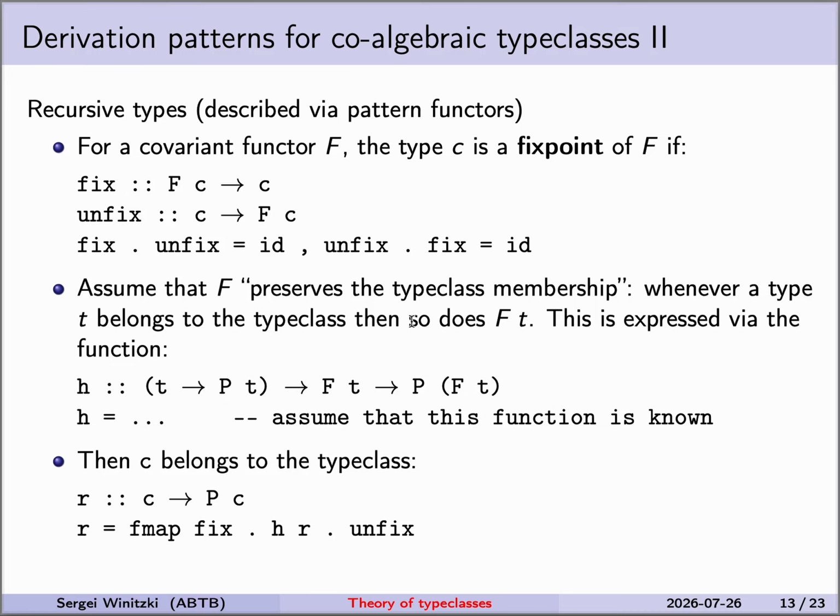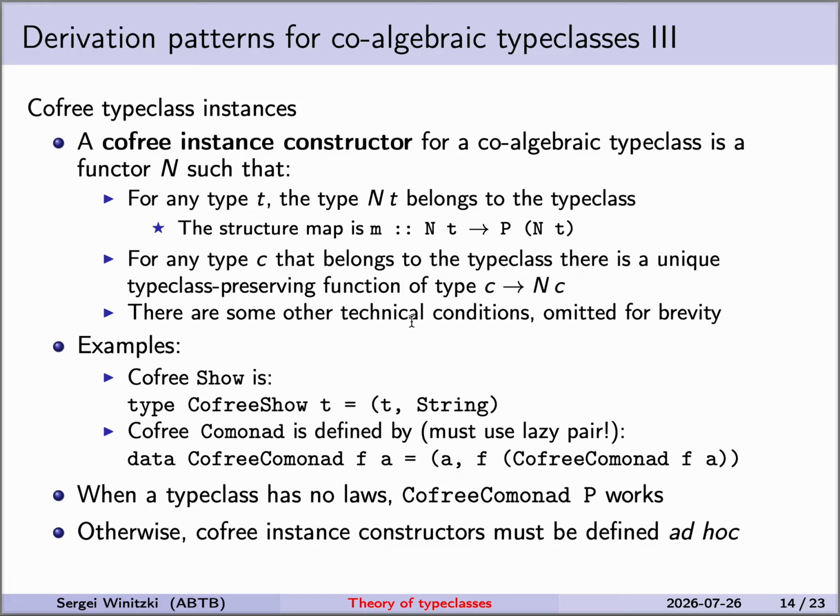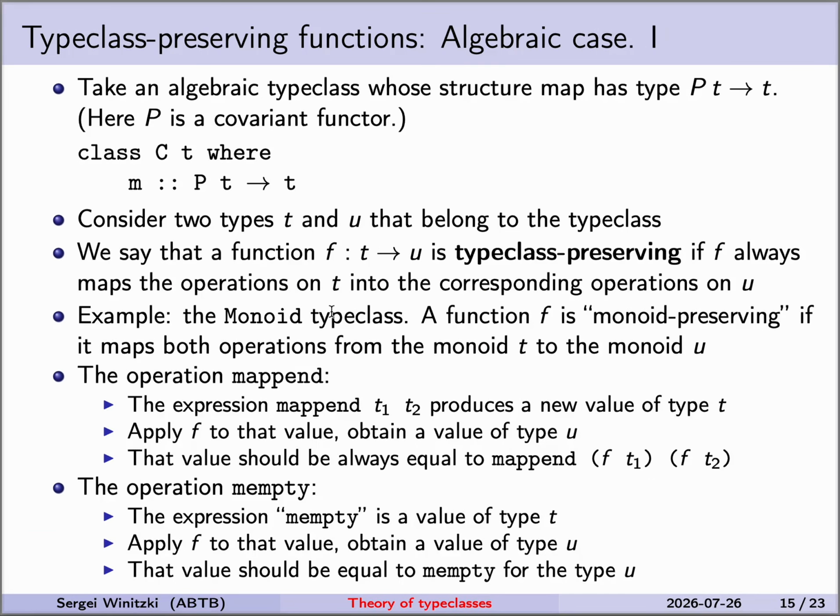And we see that for algebraic and co-algebraic type classes, they're quite different. And also we have stumbled upon these free and cofree constructors, which are mysterious. In particular, they're mysterious because they use these type class preserving functions. And what is that? So the next part of my tutorial will talk about that.